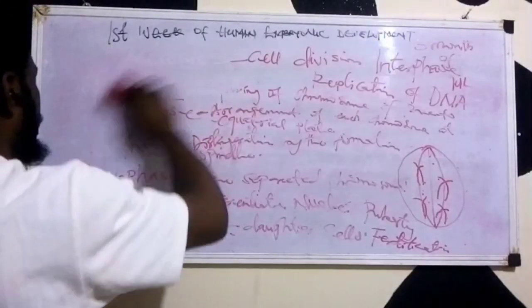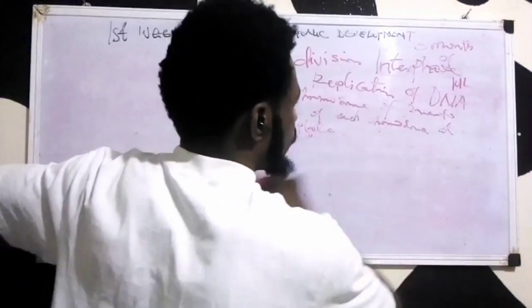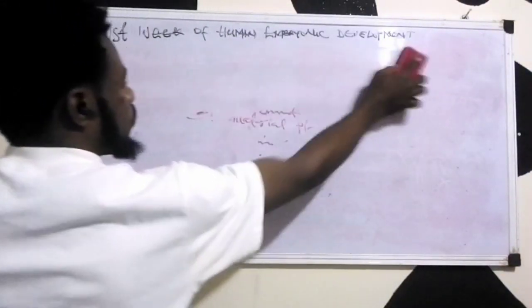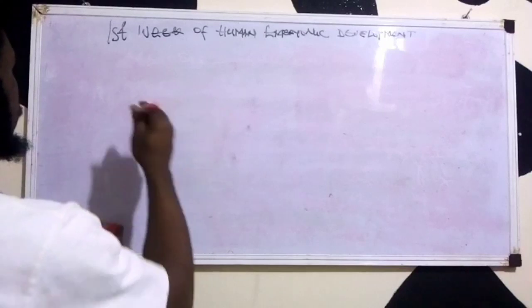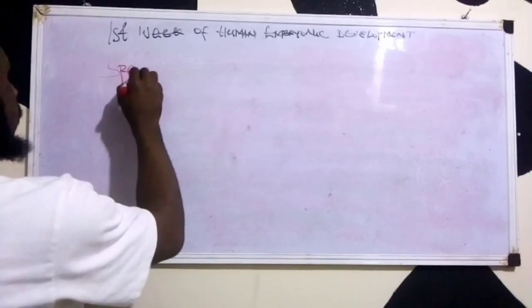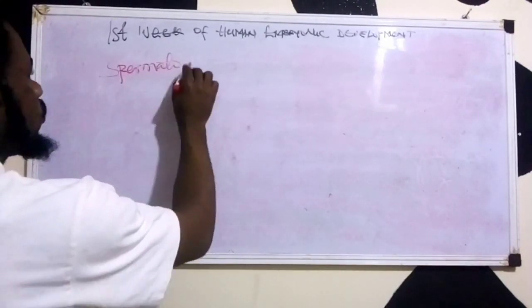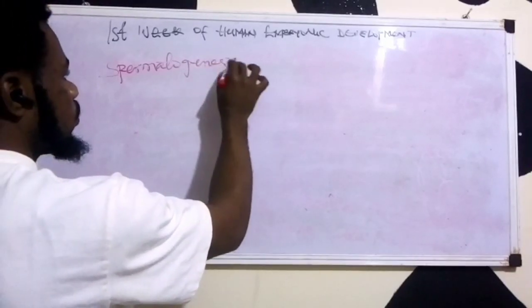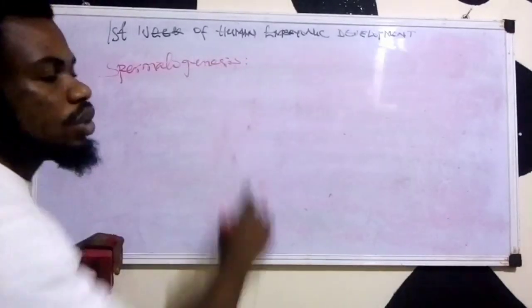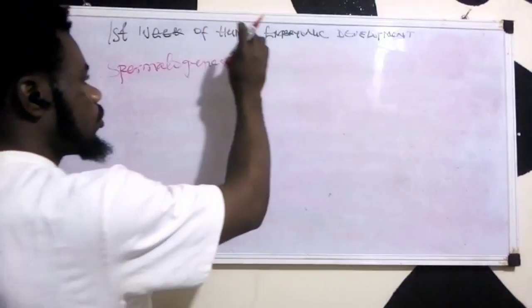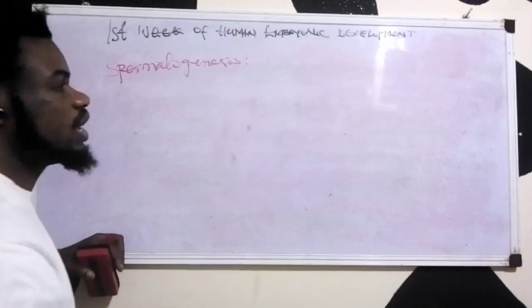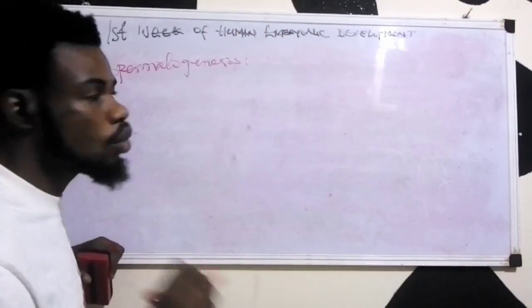All right, let's consider spermatogenesis proper. Spermatogenesis, like you already know, is the formation of sperm cell from a germ cell called spermatogonia.